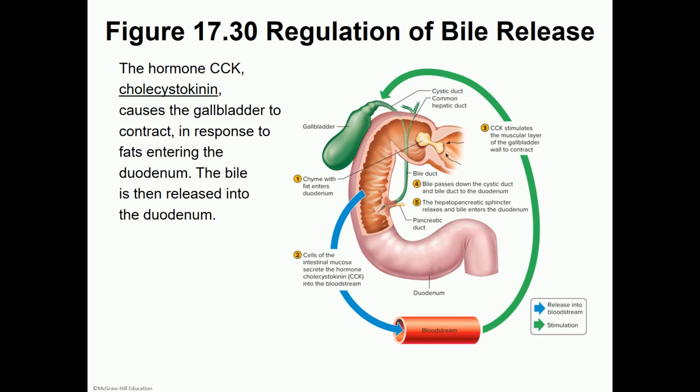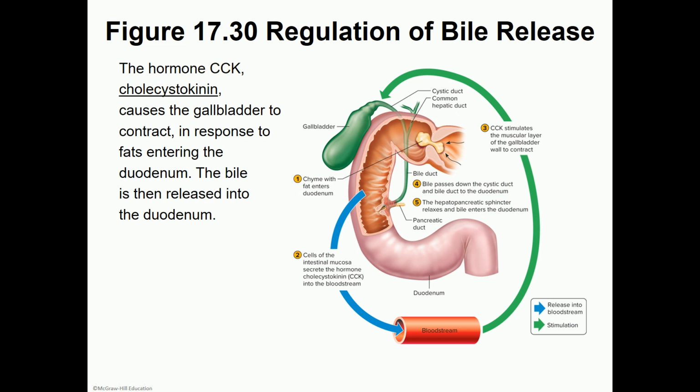How do we regulate the release of bile? That is something that we already know, where chyme is emptied from the stomach into the duodenum. That stimulates the duodenum, again, stimulates those stretch receptors, and also due to the presence of protein and fat, that is going to release the hormone CCK or cholecystokinin from the small intestinal cells.